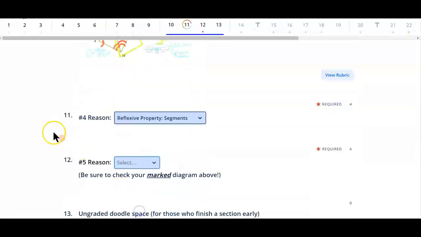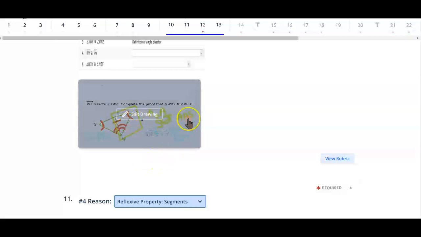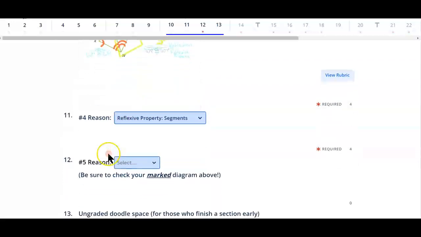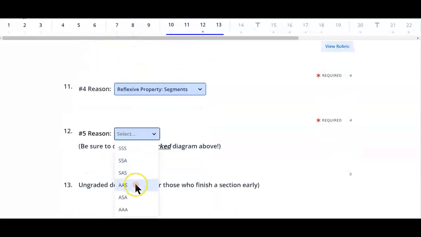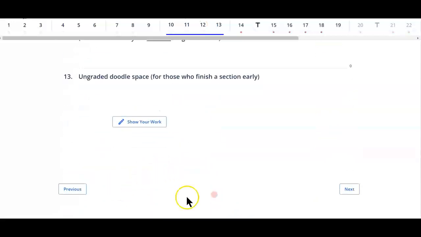So our number 4 reason is reflexive segments. And our number 5 reason, looking at our triangle, we had 2 angles and a side with our side excluded. So that's angle, angle, side.